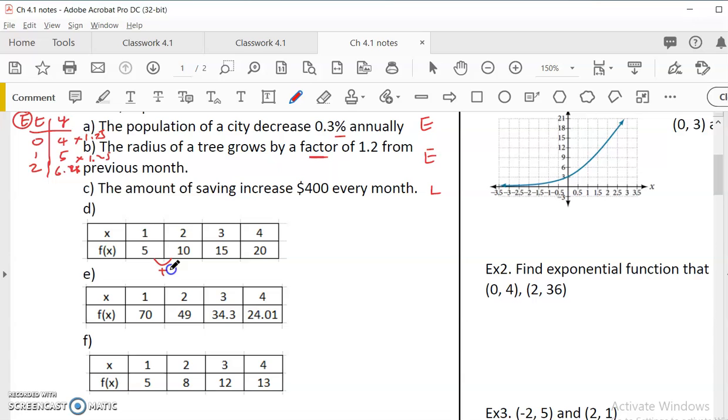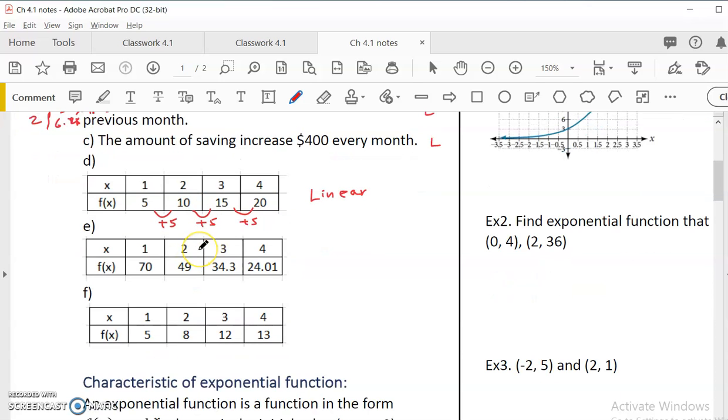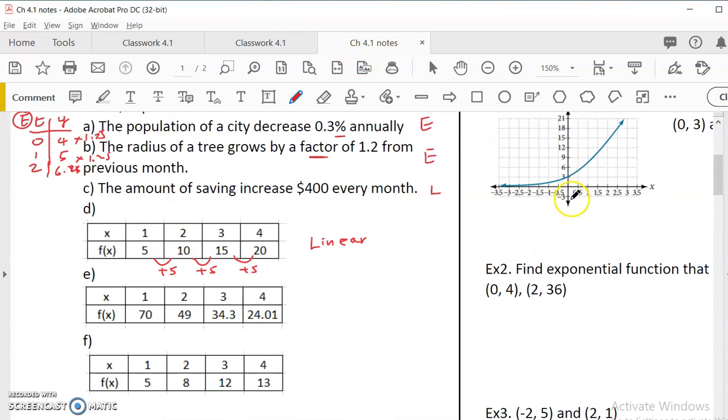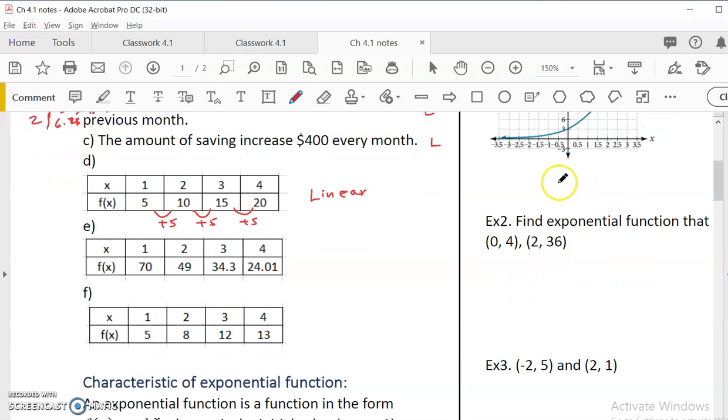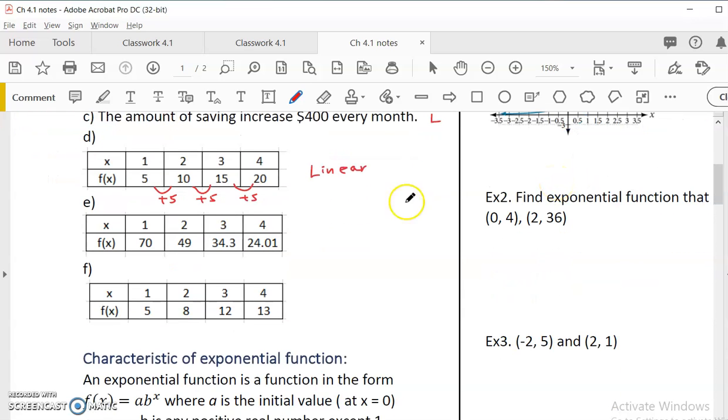Obviously you can see plus 5, the same increment, plus 5 to go to the second one, plus 5. So linear. A constant rate of change is linear. When you look at the graph, it's like a line. Whereas exponential growth would grow like this, shooting up quickly.